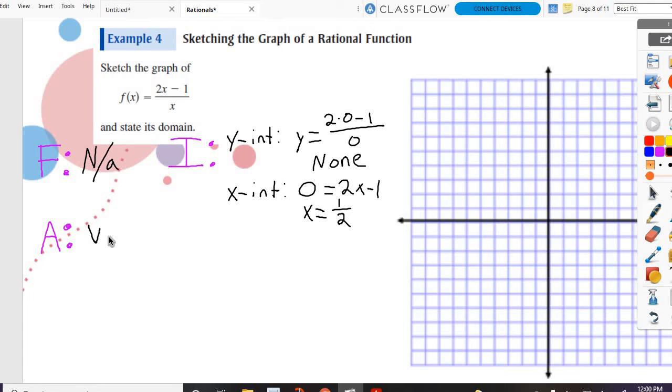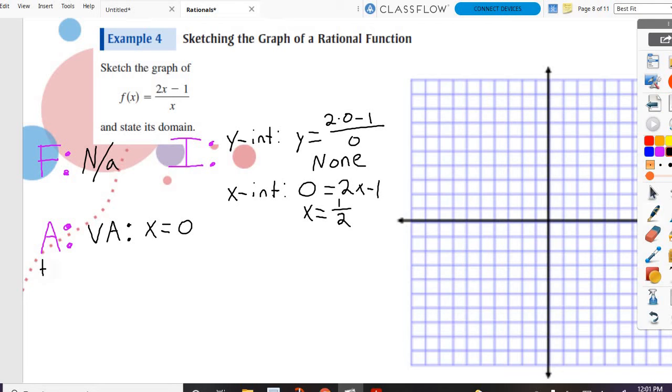So how do we find our vertical asymptotes? Set the bottom equal to 0. Well, this time I just have x equals 0. We don't have a whole lot of work to do. So that means that our y-axis is going to be a vertical asymptote, which is why we don't have an intercept.